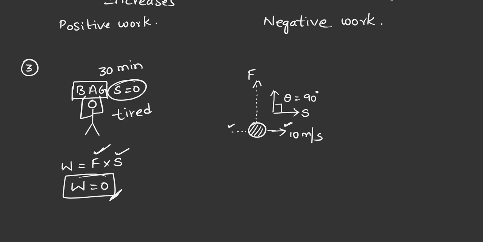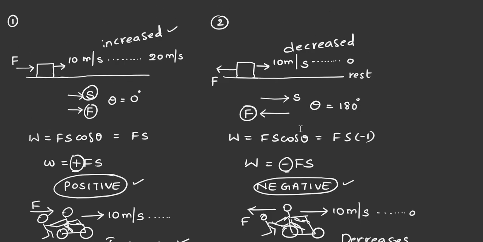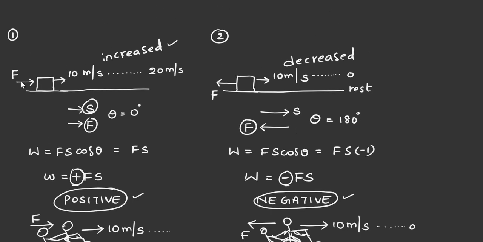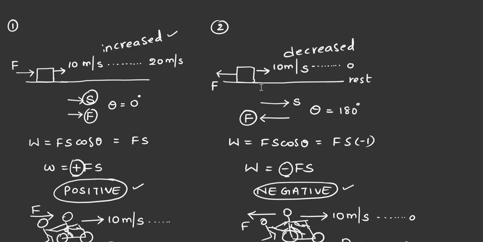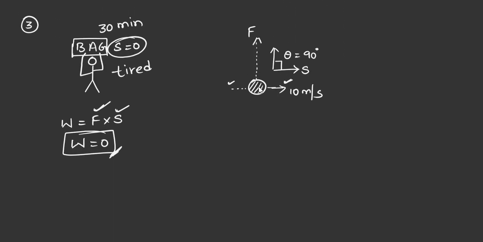It means the force is acting perpendicular to the direction of motion. In the earlier two cases, you have seen in one case the force is acting in the direction, in the other case it is acting opposite to the direction. But this time it is neither acting in the direction nor in the opposite direction. It is acting perpendicular to the direction of motion. What happens now?